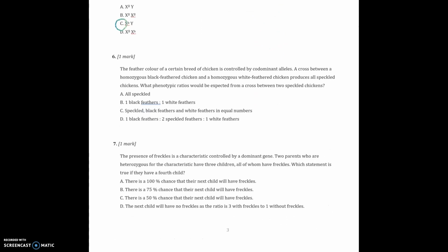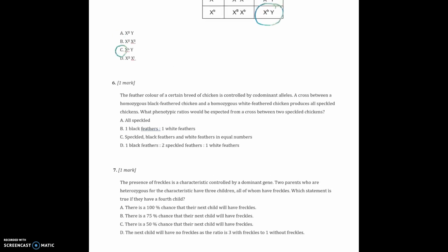In question 6, you possibly are going to want to do a little cross here. So if we look at, we've got colour and we've got black as dominant, and then it's co-dominant with white, so that's speckled, CBCb. So if we did CBCb crossed with CBCb, then your Punnett square looks like this.